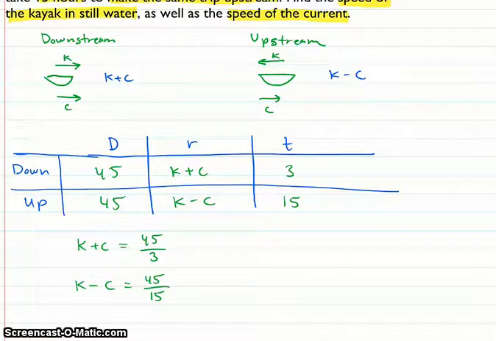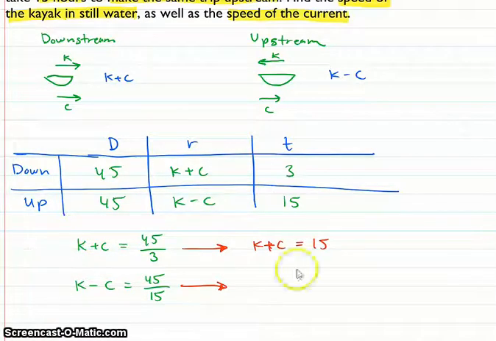Let's simplify the right side here to see what we have. K plus C is equal to 15. And the second equation simplifies to K minus C is equal to 3.